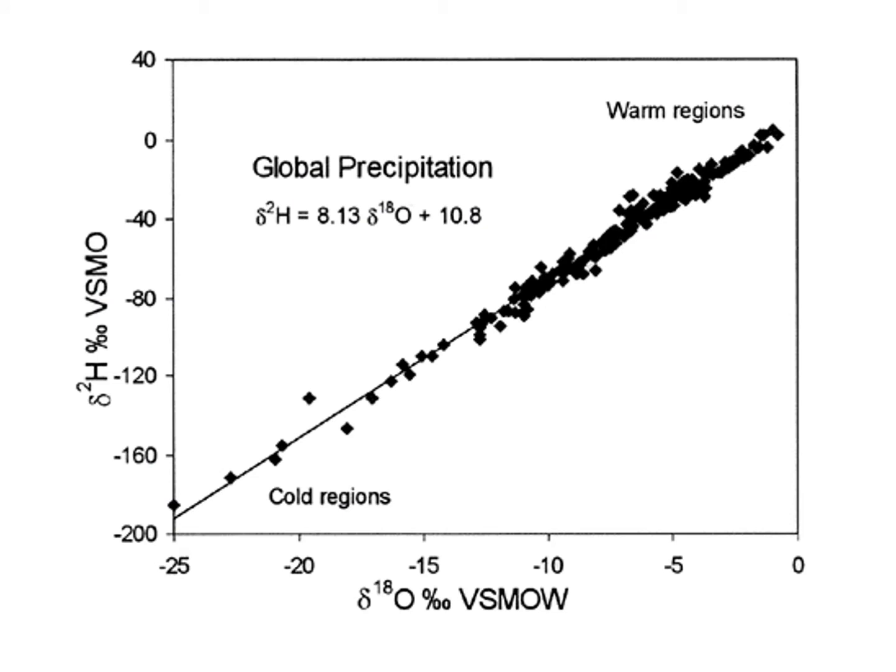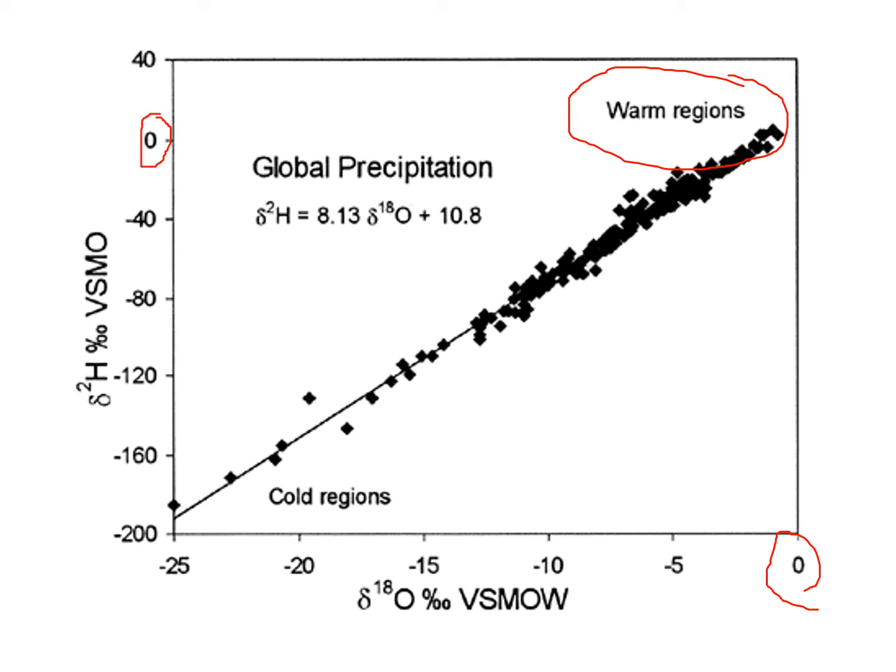So now we can redraw that data on a graph showing the oxygen and the hydrogen isotopes. We can start in the top right-hand corner in the warm regions, where the isotopic composition is going to be closest to that of the ocean. The rainfall that's fallen in those regions has travelled the least distance from the source. So relatively, it will still have a composition that's closest to the source of 0 oxygen and 0 hydrogen.